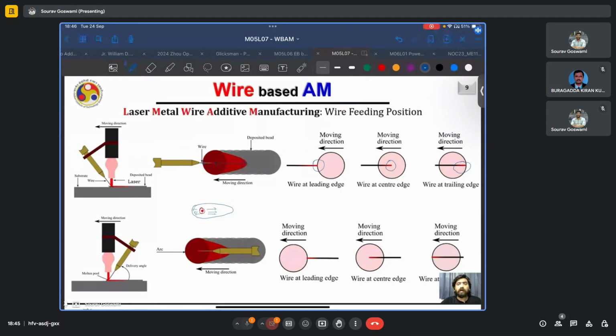So this can ensure optimal dilution and good bonding strength. Now, when the direction is reversed, the scenario of deposition, whether it is happening at the leading edge, at the trailing edge, or near the center, may also change. And this is where the rotary feeder type mechanism comes into the picture and helps us.